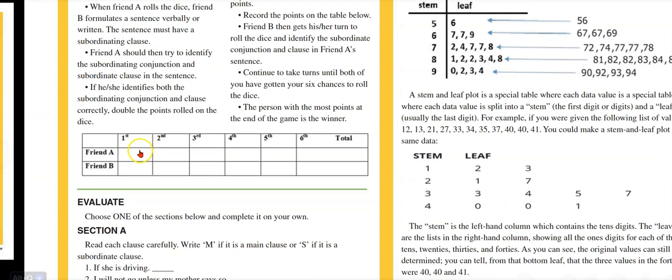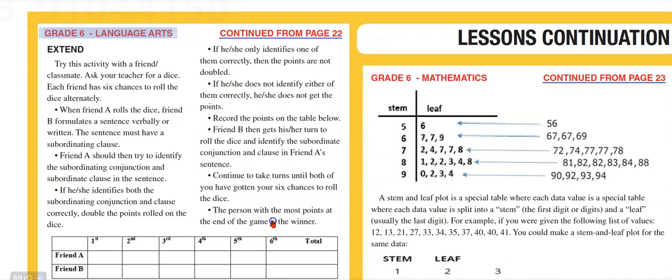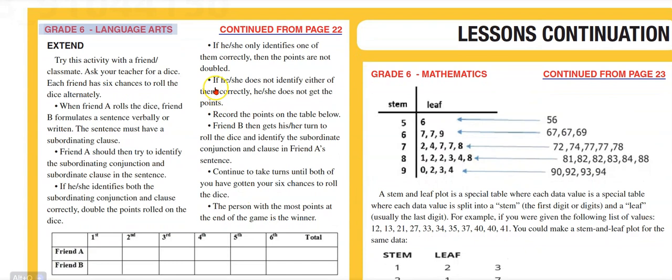So here we have friend A, friend B. This is your first, second, third, fourth, fifth, sixth try, and then the total. It says if he or she identifies one of them correctly, then the points are not doubled. If he or she does not identify either of them, he or she does not get the point.